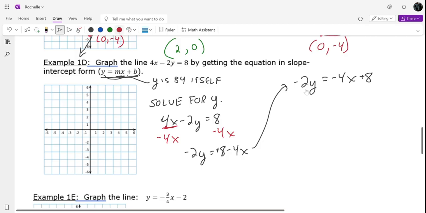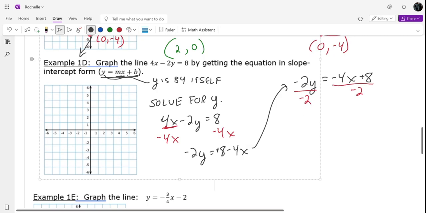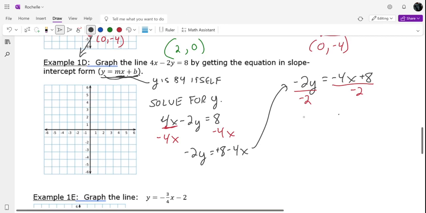To finish this off, to get y by itself, I do need to divide both of these items by negative 2. So this is going to be y equals, now the negative 4 is going to have to be divided by the negative 2, and the positive 8 is going to have to be divided by the negative 2. This gives me 2x, and this gives me minus 4.